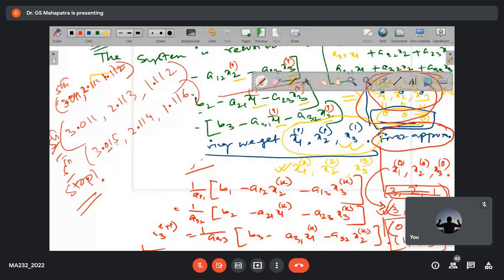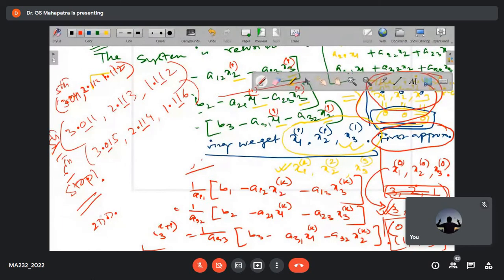Yes. Why? Your stopping criteria is correct up to 2 decimal places. That's it. But if the criteria is correct up to 3 decimal places, then for 2 decimal places it is okay.